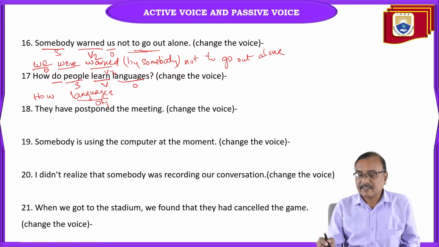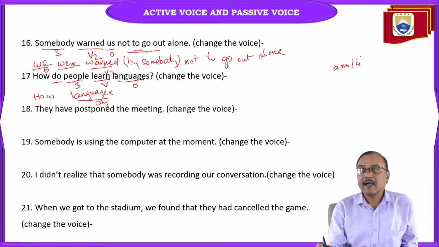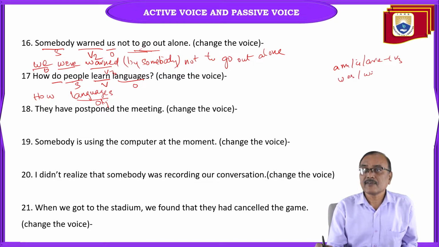Again you see here, I will write it. Present tense: am, is, are plus V3. Past tense: was, were plus V3.